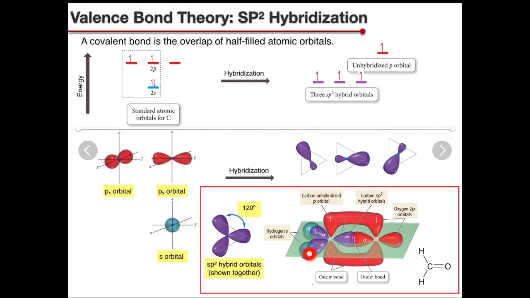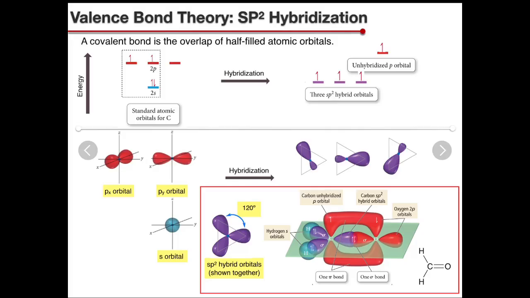These three hybrid orbitals are going to overlap with other atoms. In this case, it overlaps with hydrogen, forming a sigma bond. It overlaps with another hydrogen, forming a sigma bond, and it's going to overlap head to head as well. This head right here is going to overlap with the oxygen head. Oxygen has a p orbital, and forms a sigma bond as well.